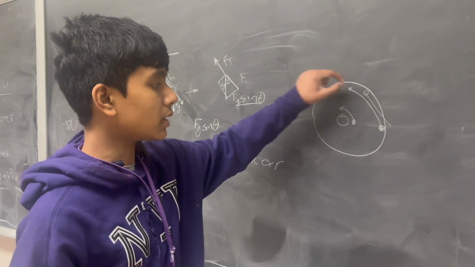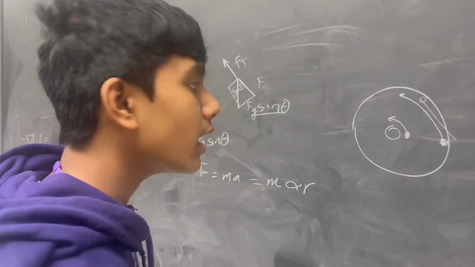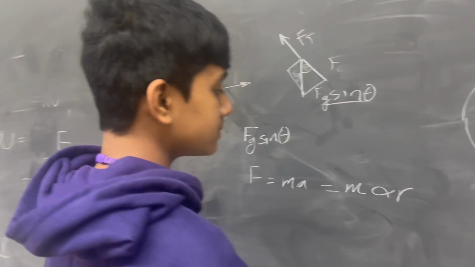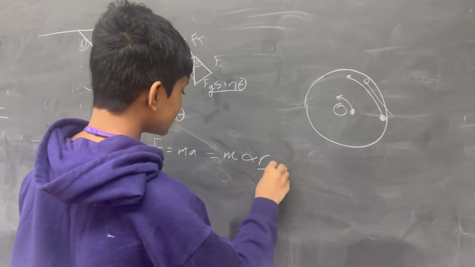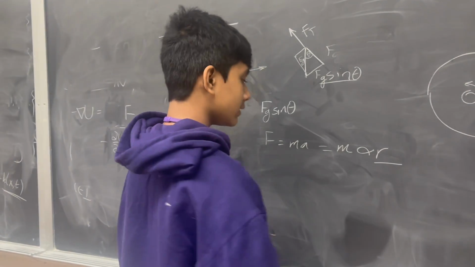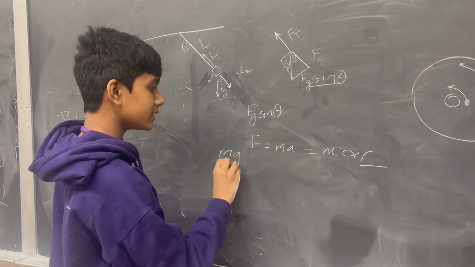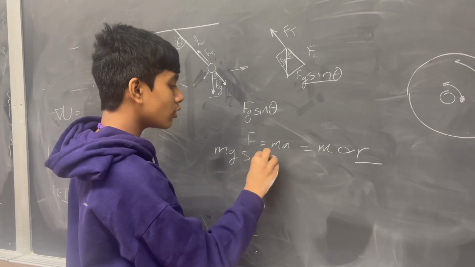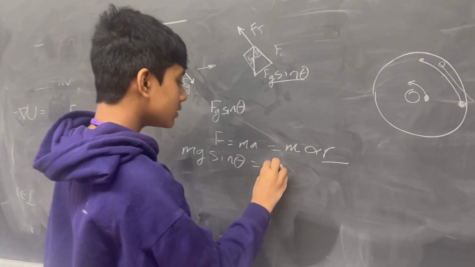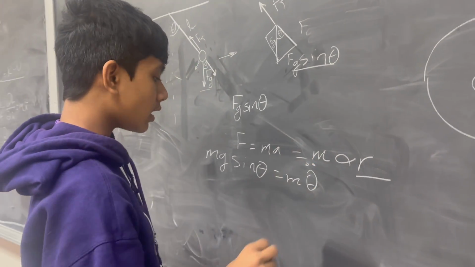It has to cover much more distance in the same amount of time. So that means bigger radius, bigger velocity, you multiply by r. Anyway, forget being sidetracked. So we know mg sine theta is now equal to m theta double dot.